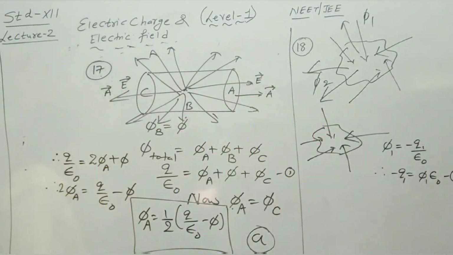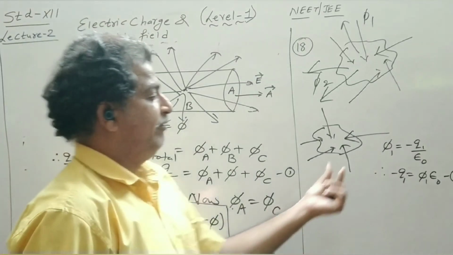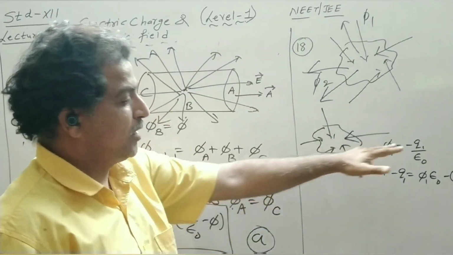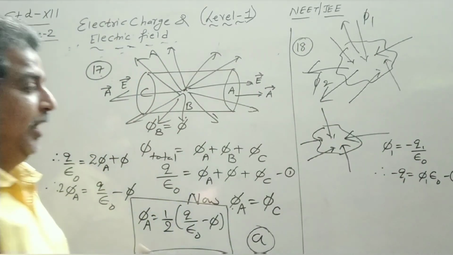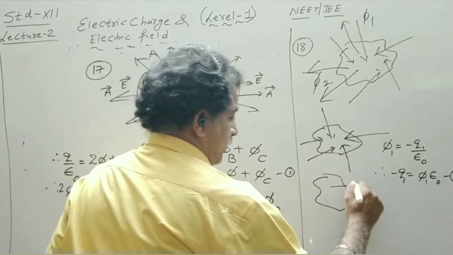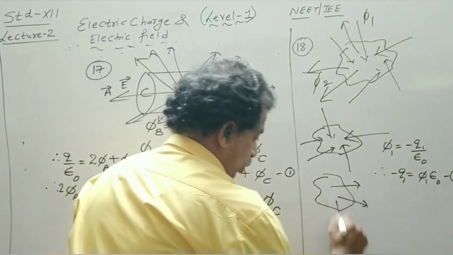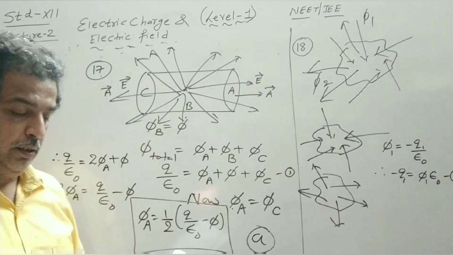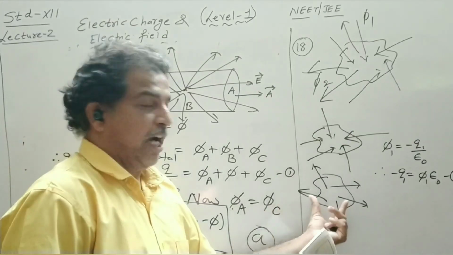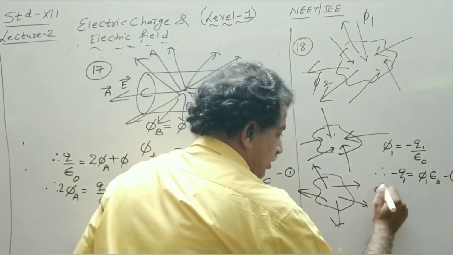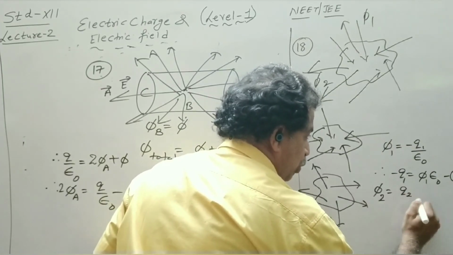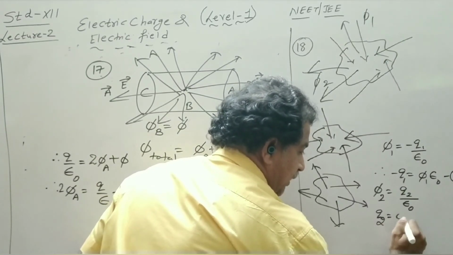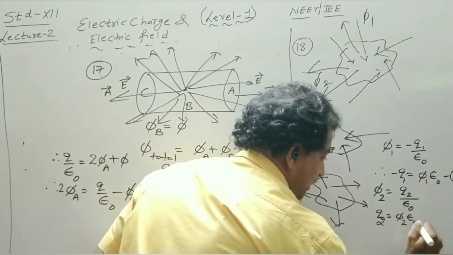This is the flux linked with the closed surface which is entering, so the charge should be negative. Similarly, if the flux is leaving the closed surface, that means the flux is positive, so the charge should be positive. So for this, phi 2 is equal to Q2 by epsilon naught, and therefore Q2 can be written as phi 2 epsilon naught.